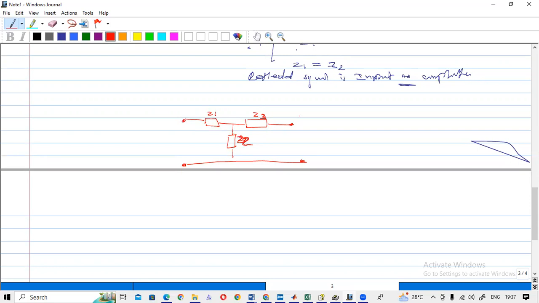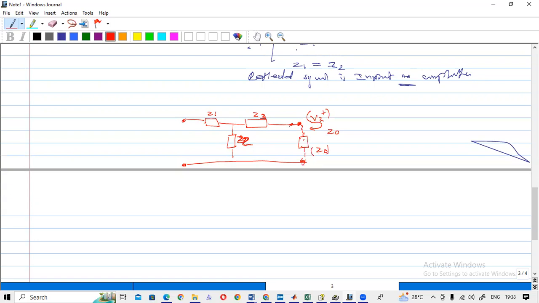Now, I want to match this end to Z0. So I have to match this end to Z0. Then the reflected signal you can make 0. The reflected signal is actually the input signal, so you have to make it plus. So it is V2 plus. If you terminate this end with a Z0 load, what happens?